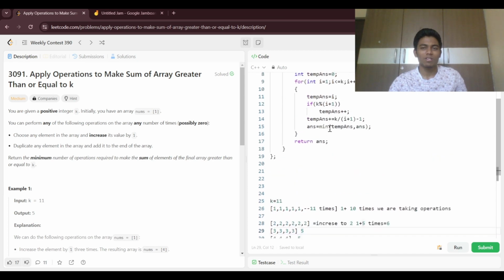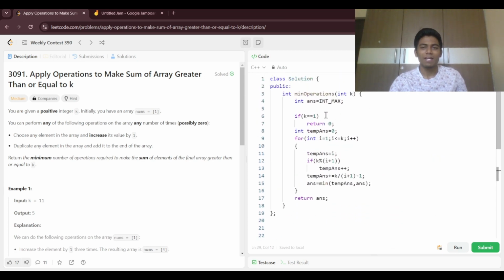So how can we solve this? Suppose I take the solution: if k equal to 1, that is the answer which we want, which is nums. And then let's say I make every element present in this array as i, then my answer is going to be i, and after that I am going to consider each element.